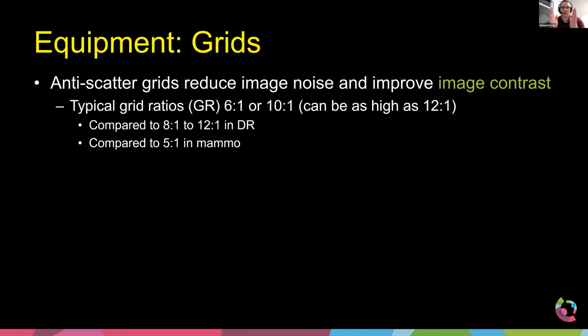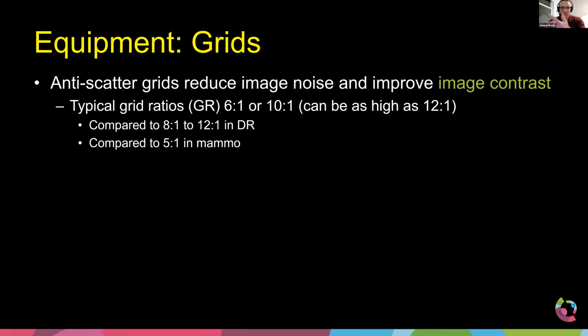The higher the ratio, that means the more finely spaced they are, the closer they are. So therefore, the more grid lines that would be in the image. And that's okay. The higher the number, that means fewer photons will get through, therefore less scatter in your image. But that also means less primary radiation that would go right from the X-ray tube, right through the body, and right through the grid to the detector.